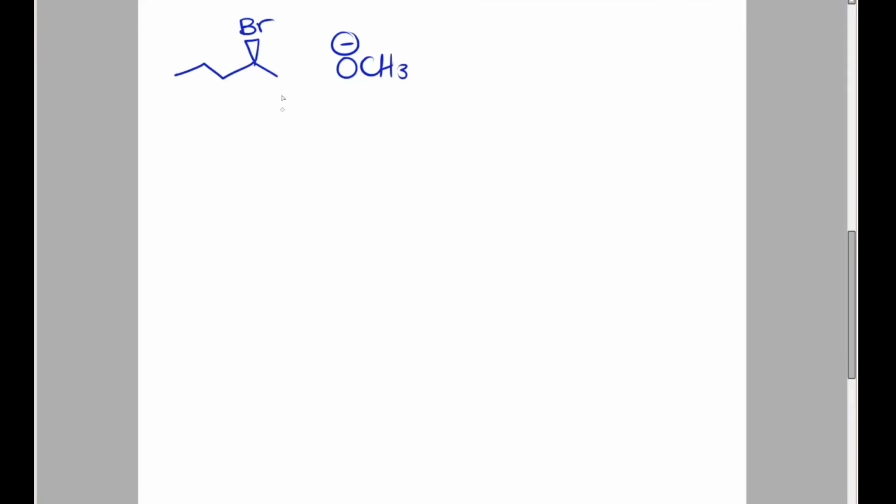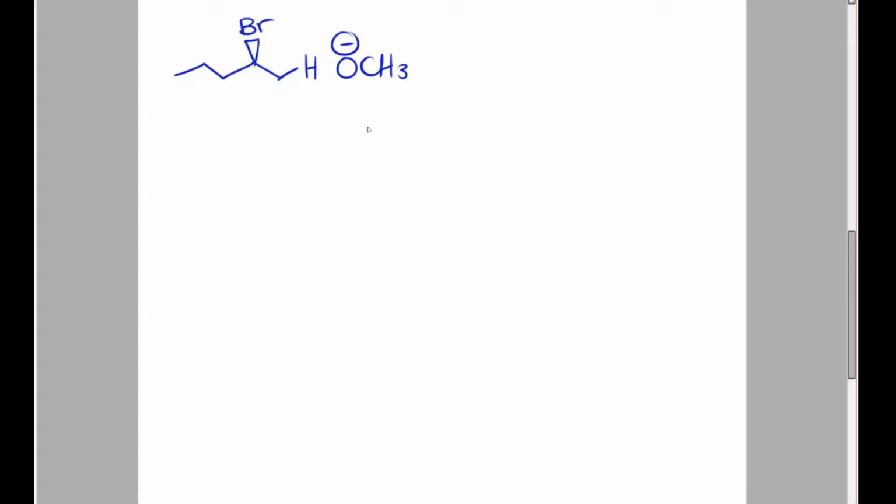So I'm going to redraw that, and keep in mind that there's actually three hydrogens, and because there's three, one of them is bound to have the dashed stereochemistry, which is what's required for this reaction to work, because remember that the hydrogen and the quote-unquote leaving group have to be trans.